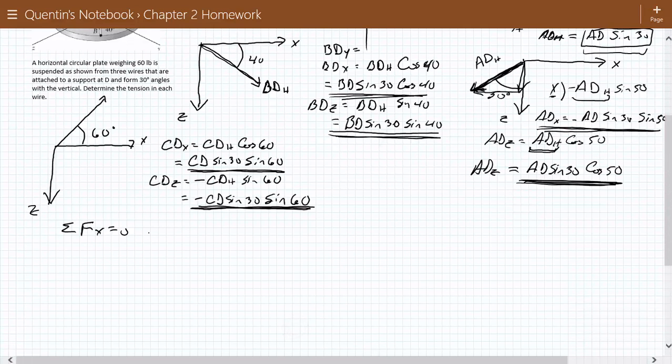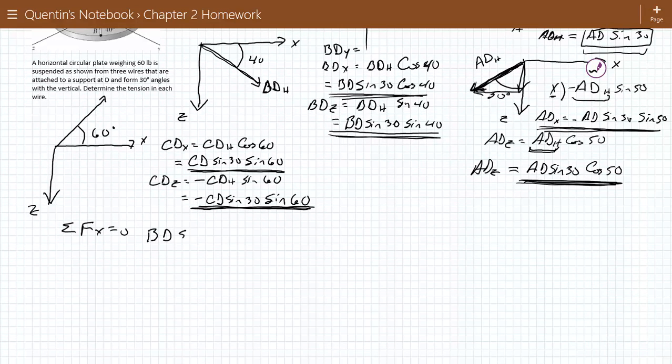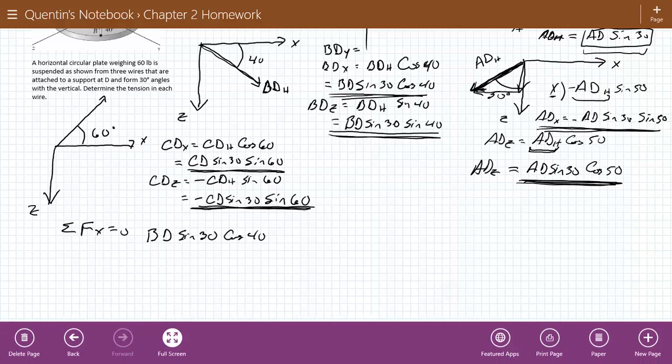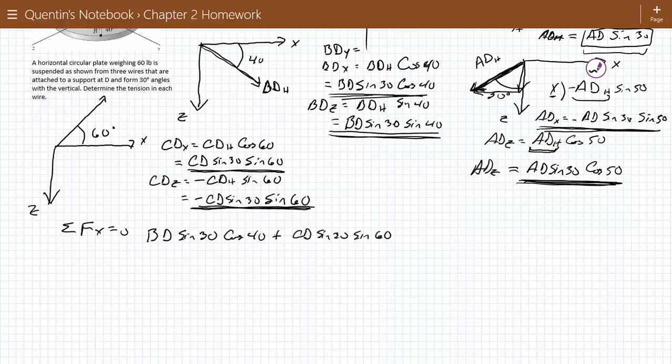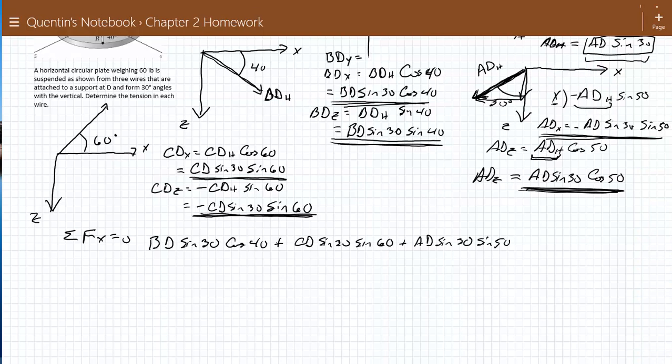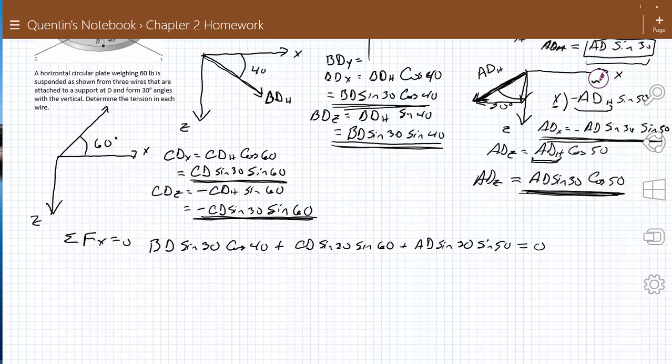We have BD sine 30 cosine 40 plus the CD sine 30 sine 60 and plus the AD sine 30 sine 50. Now this is all equal to 0. You can get rid of the sine 30s out of all of them, right?